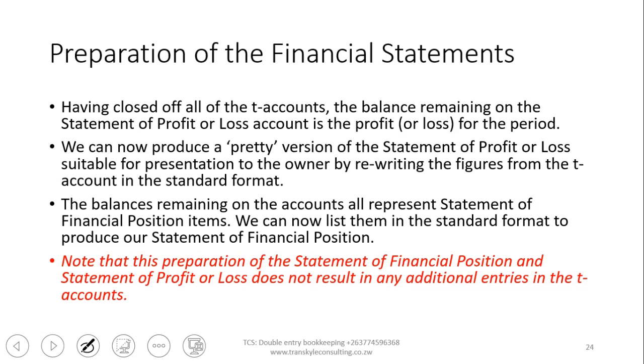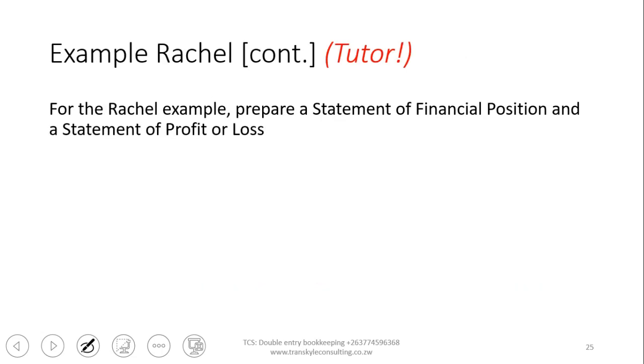We can now list them in the standard format to produce our statement of financial position. Note that this preparation of the statement of financial position and statement of profit or loss does not result in any additional entries in the T accounts. So, with regards to the example, we can now prepare the statement of financial position as well as the statement of profit or loss in a more standardized way.